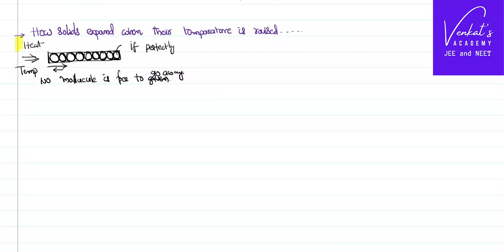But there is nothing like perfectly elastic. Nothing is perfectly elastic. They are somewhere in between perfectly elastic and less than perfectly elastic. So this molecule will transfer the energy to the next particle. It tries to come back, but it is not able to come back to its exact position.